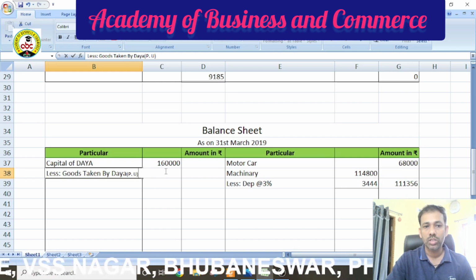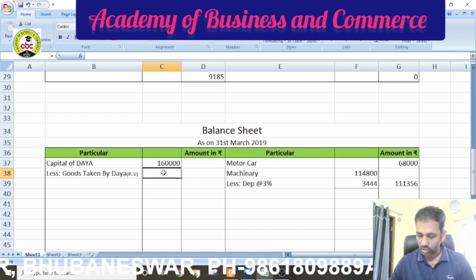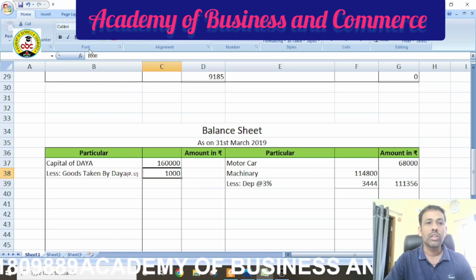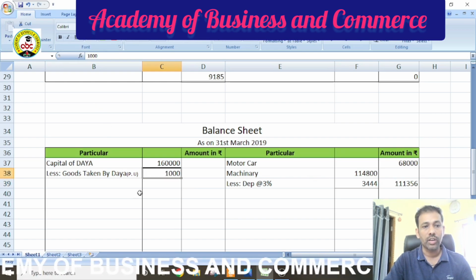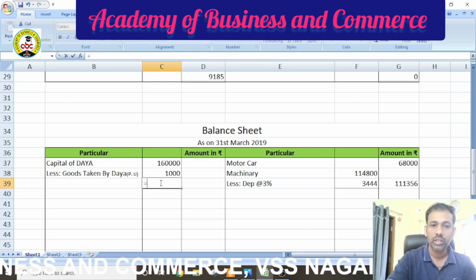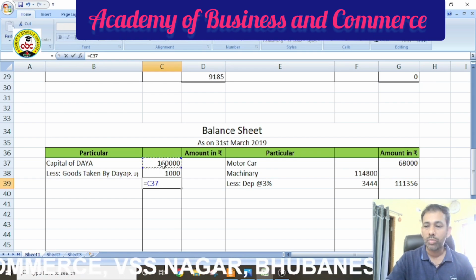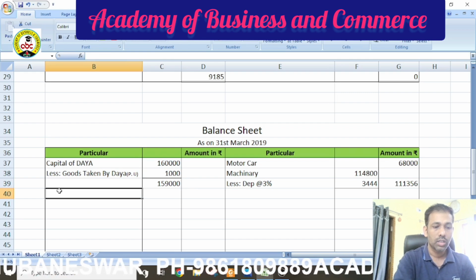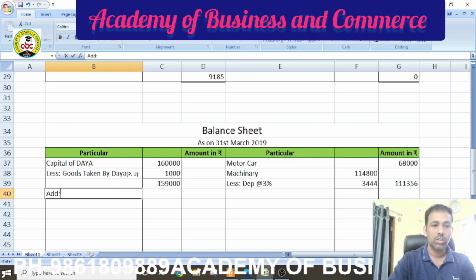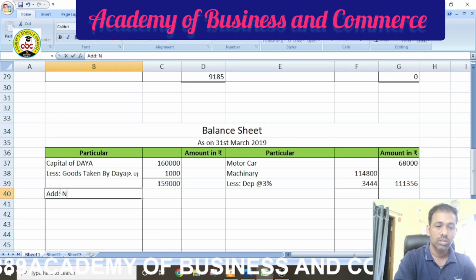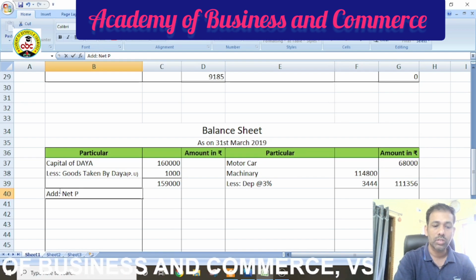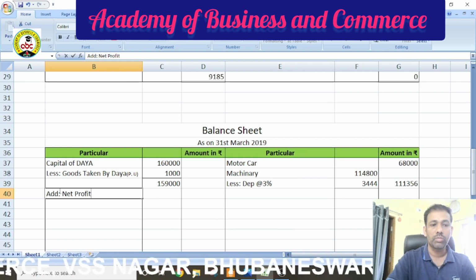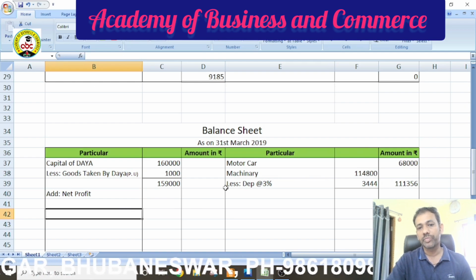And the amount of the personal use is 1,000 that you have to deduct, and then you have to add the net profit or whatever you will get. So this is the amount, capital minus 1,000. Then you have to add the net profit, or if there is a net loss, you have to deduct it. It is not calculated yet. When you get the net profit, that you have to add. Just I have written here.